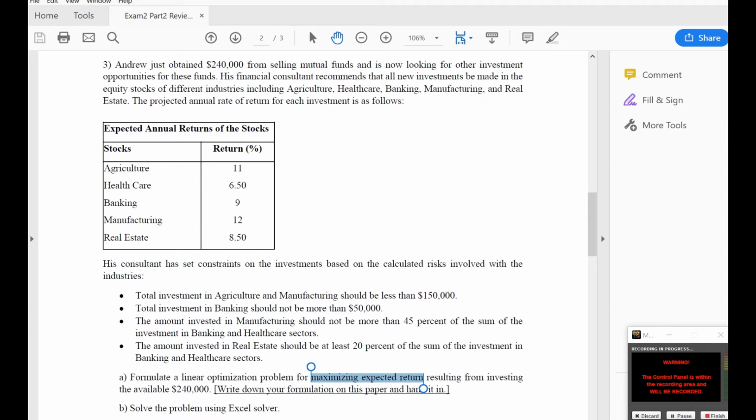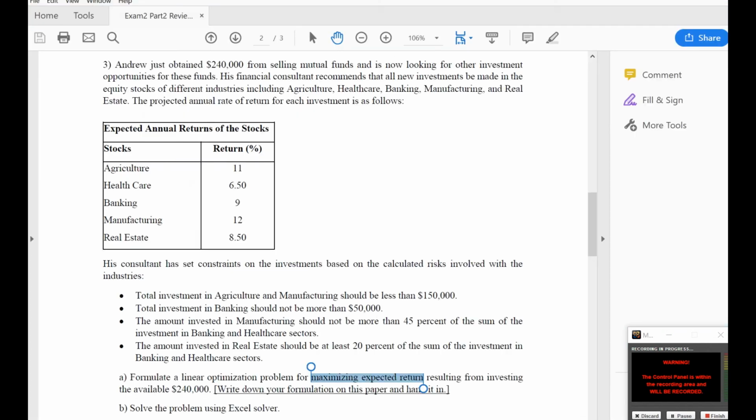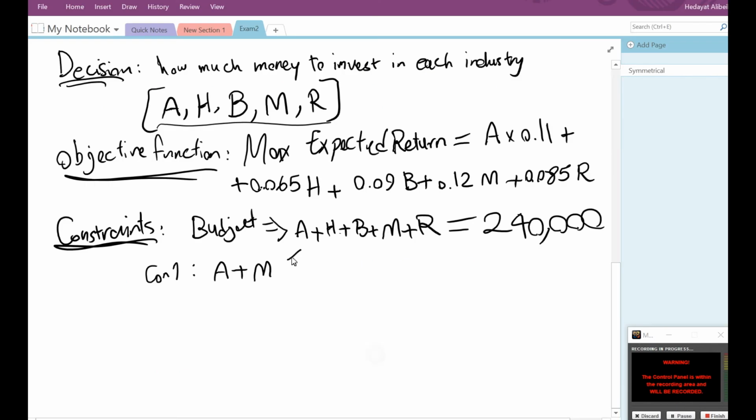So constraint 1: this is the total amount invested in agriculture and manufacturing, and it should not be more than, basically less than or equal to 150. That's for the first one.